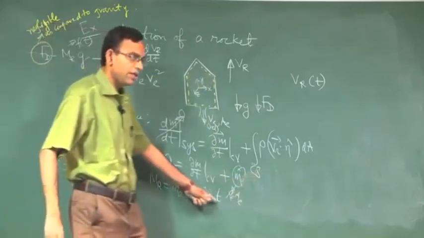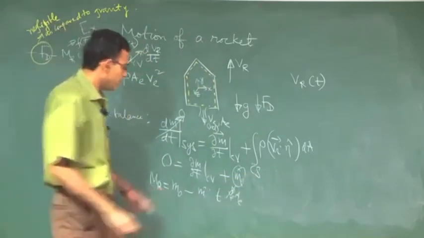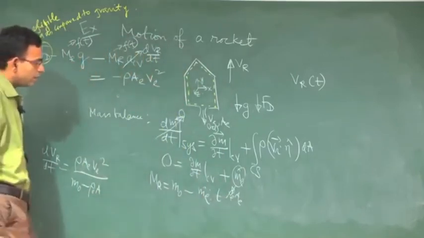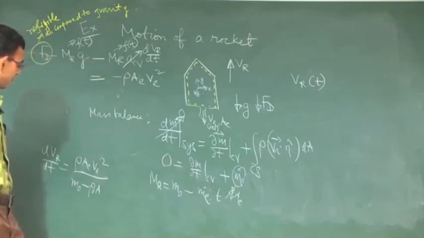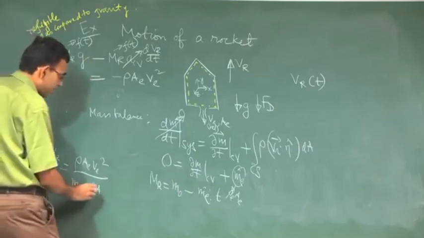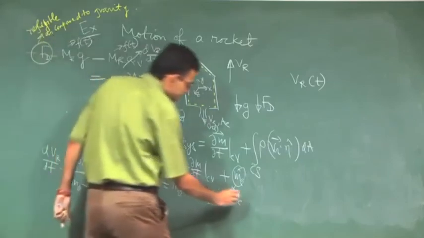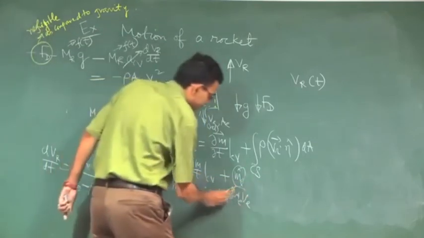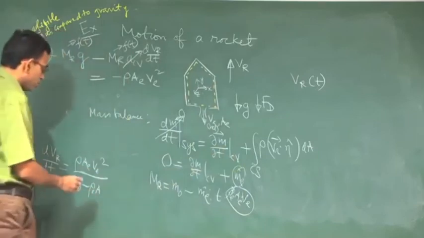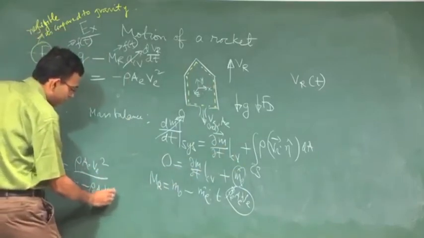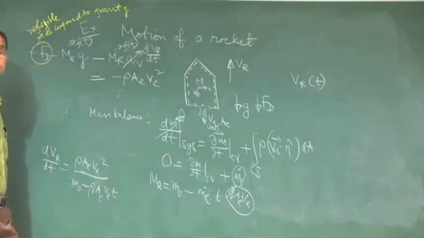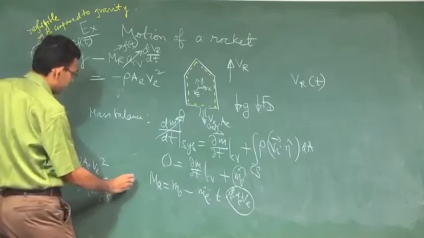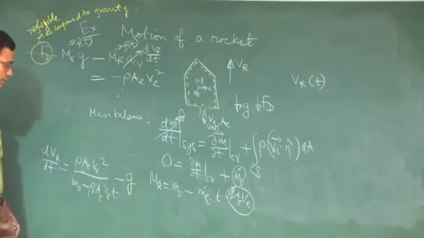Yes, I have written one V extra. So, m dot E into T, where m dot E is rho E into V, A. So rho E AE V into T, this one minus G, right.